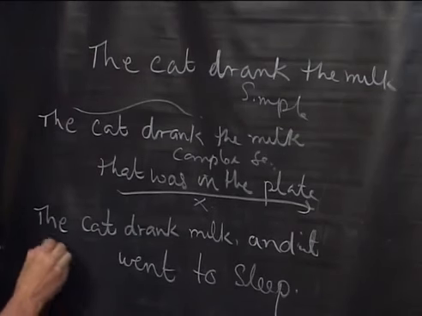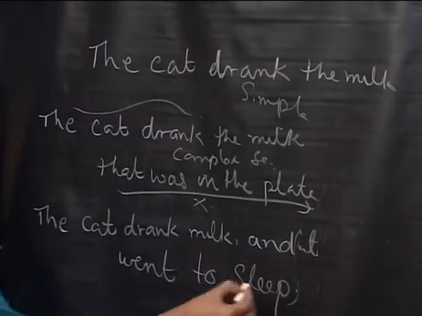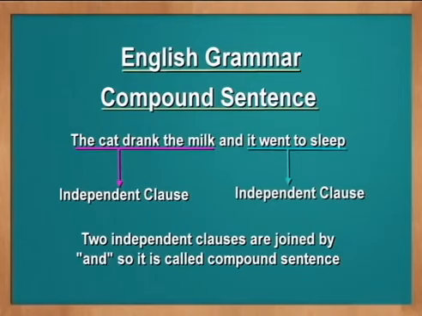And the third one, "the cat drank the milk and it went to sleep". "It went to sleep" is an independent clause. It can stand on its own and convey its own meaning. So two independent clauses joined by "and". So this becomes the compound sentence.